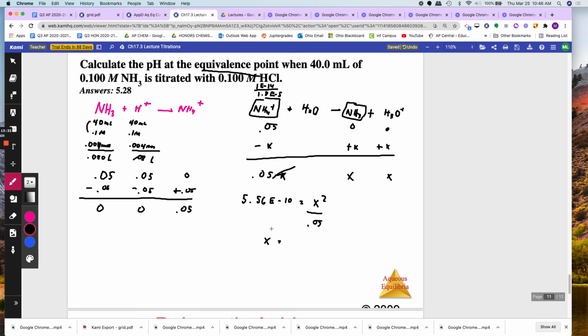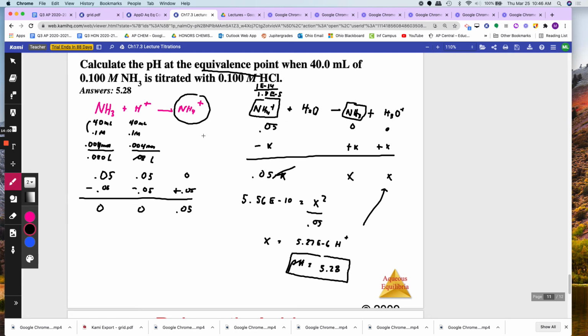X is equal to 5.27e negative 6. That is going to be my H plus already because that's x right here. Take the log of that. You're going to get pH is equal to 5.28. So at equivalence point, instead of pH 7, it's a little bit lower because you made a conjugate acid at equivalence point.